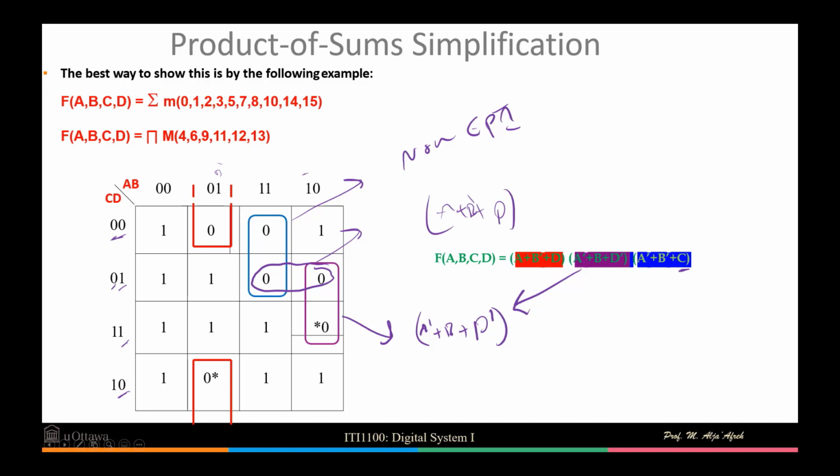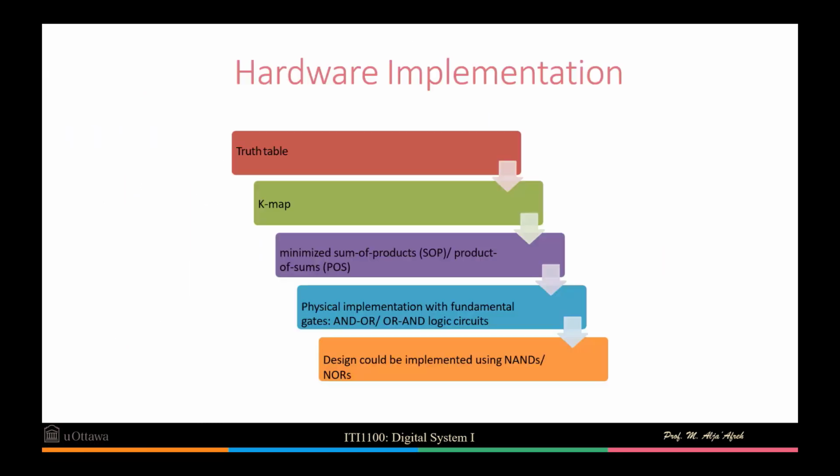Okay, guys, so let's summarize the main objective of this module. Basically, if I give you any function, you should describe that function in terms of the input as well as in a truth table format. Then you can simplify that function by mapping this truth table to a kernel map.